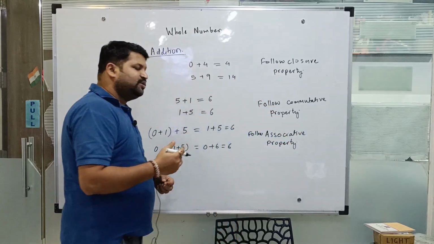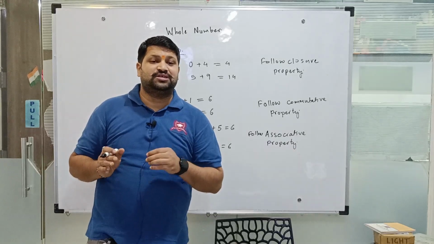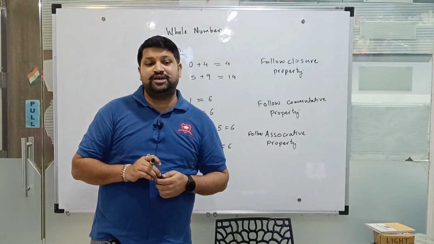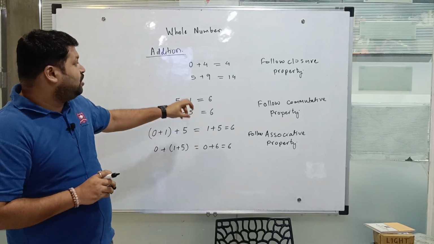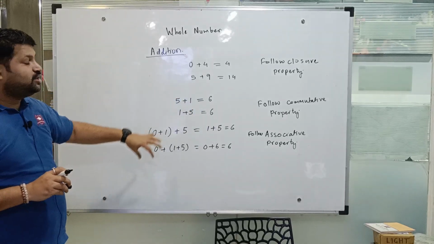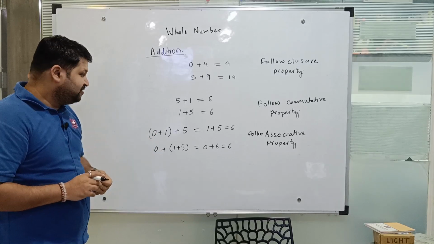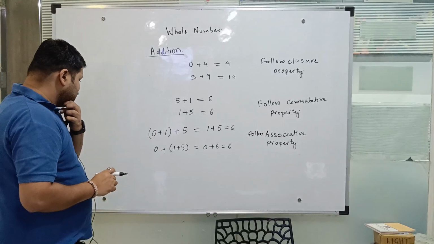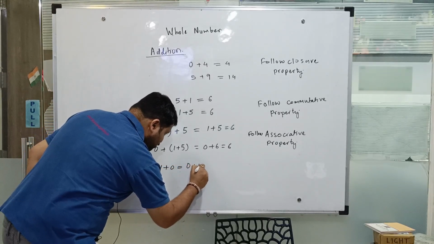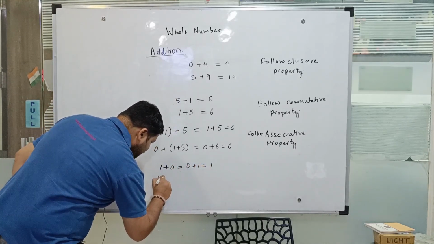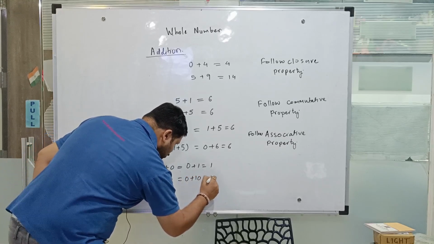Now let us go ahead with identity. When we discussed natural numbers, we said that there is no additive identity in natural numbers because 0 was not included. Now 0 is included in whole numbers, so we consider 0 as the additive identity, because we know that 1 plus 0 is equal to 0 plus 1 is equal to 1, or 10 plus 0 is equal to 0 plus 10 is equal to 10.